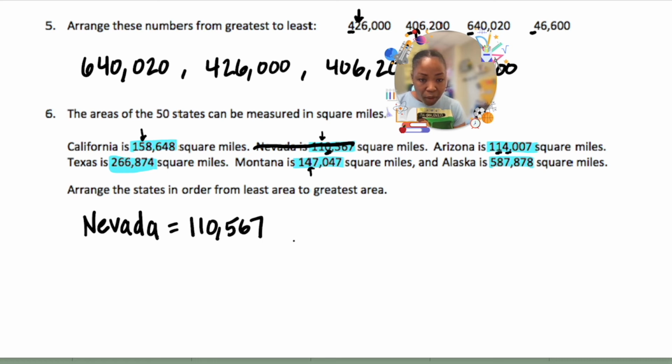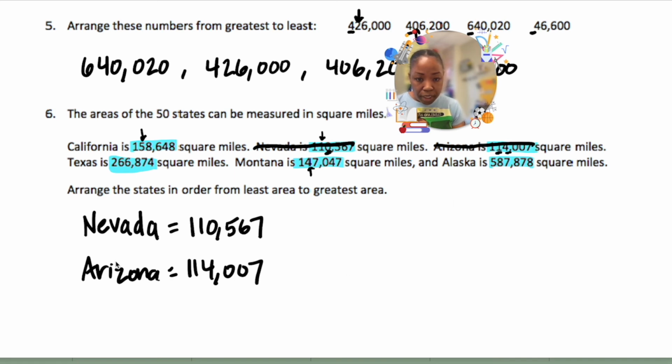Okay, so that crosses off Nevada. Next would be that 114, right? Because that had 4 thousands, which was the next biggest, right? So that would be Arizona. 114,007.